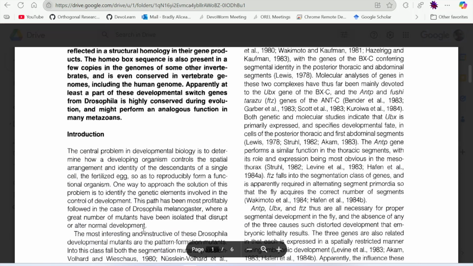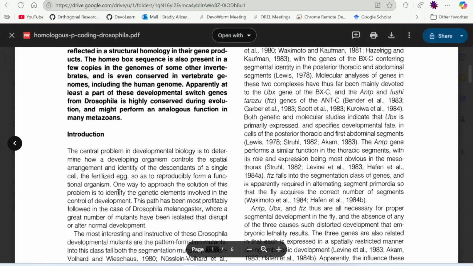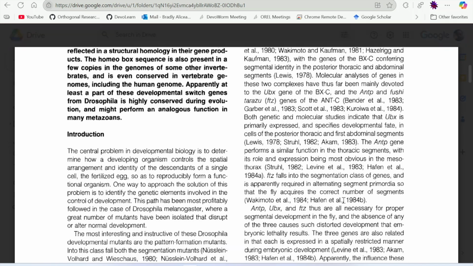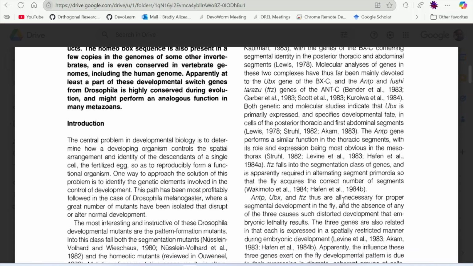So the genes' sequences are conserved, the gene products are conserved, and they play a role that's very much conserved in the anterior-posterior organization and other axial types of organization as well.